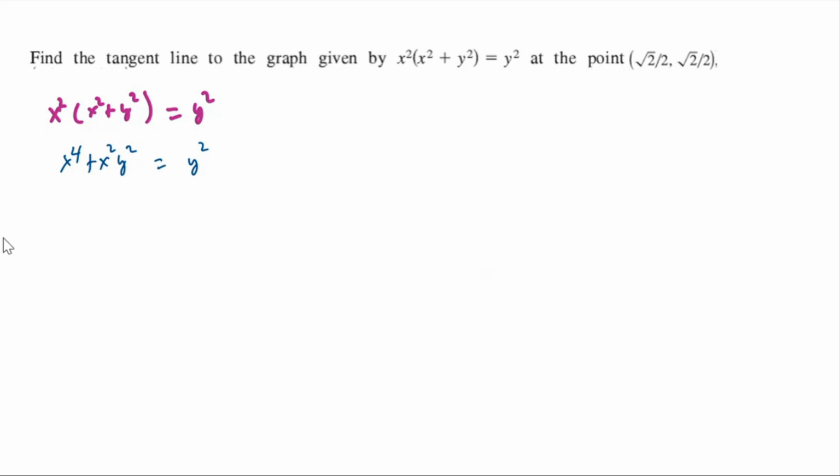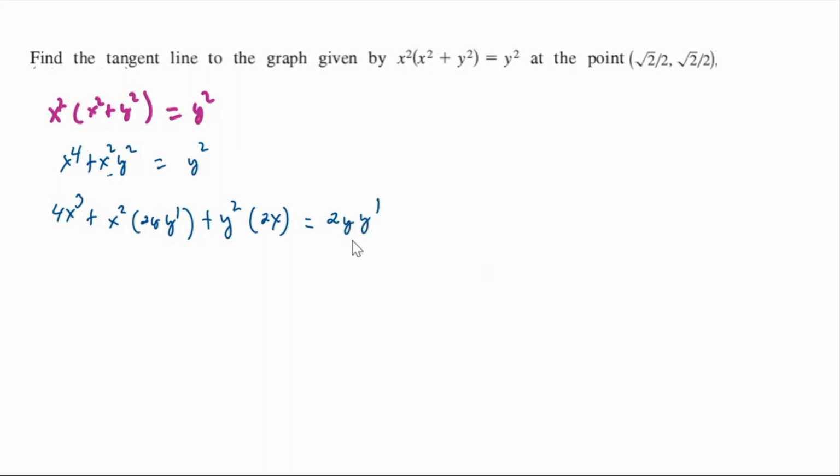So taking the derivative now, we have 4x cubed plus, using product rule here in the second term, x squared y squared. So we have x squared times the derivative of y squared, which is 2y y prime, plus, that is our u dv, then v du, we have y squared times the derivative of u, which is 2x, is equal to 2y y prime.